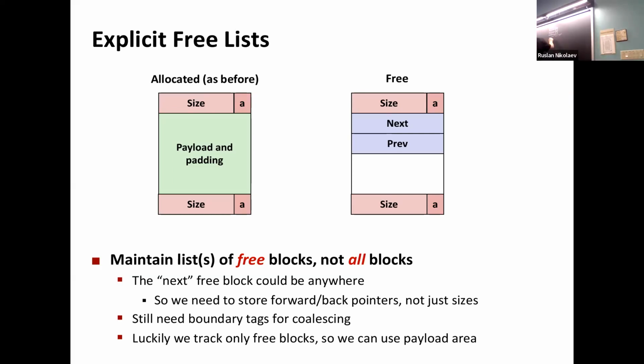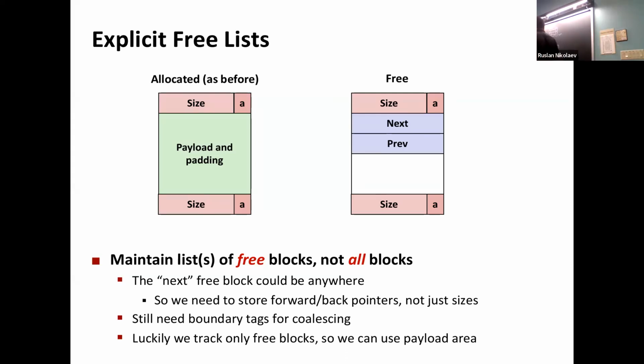Now we want to free it. So what we're going to do, we're going to have header, footer, and then there is free space here, at least enough to fit 2 pointers. Maybe more, I don't care if I have more space. But at least there are 4 bytes here, 4 bytes here. In case of a 64-bit CPU, you have 8 bytes here and 8 bytes here.